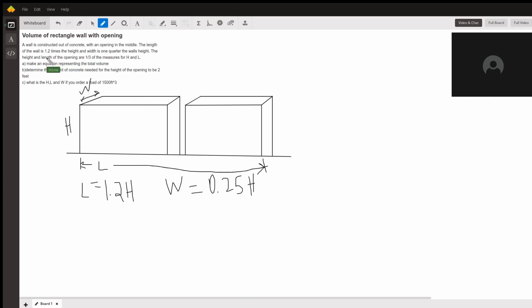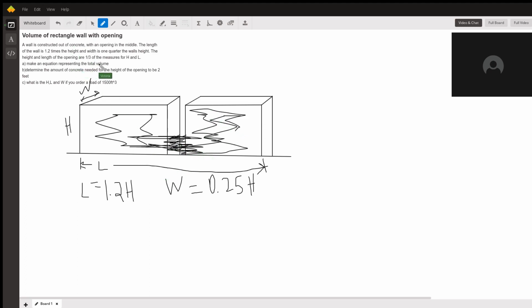Now, it said the height and length of the opening. So maybe this opening doesn't go all the way to the ground. So maybe we should close it off here and make this part of our wall. Here's our wall, and here's our opening. This is the front face. We'll call a small h the height of the opening, whereas a big H is the height of the wall.